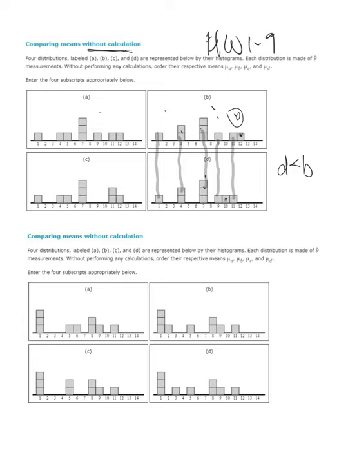They both have a 12. They both have an 11. Boom, boom. They both have a 9, right? They both have a 3 and a 7. So that's all still the same. The difference occurs down here on this end.